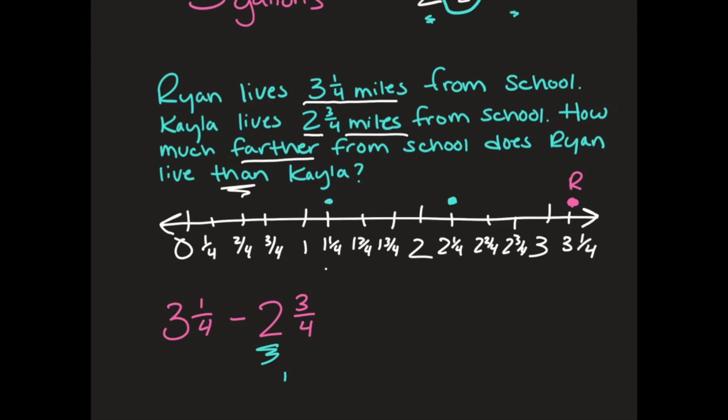So I'm going to be right here now. So then I subtracted the full 2. Now I need to count back 3 fourths. So I'm going to go 1, 2, and 3. And I end up at 2 fourths. So how much further? 2 fourths of a mile. So again, when I'm doing this subtraction, I subtracted 1 whole, and I got to 2 1/4.